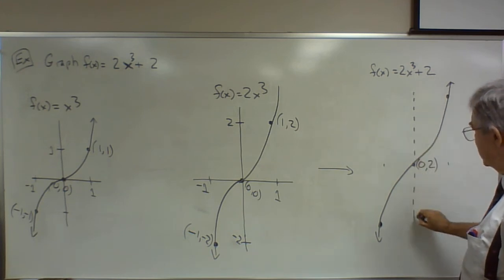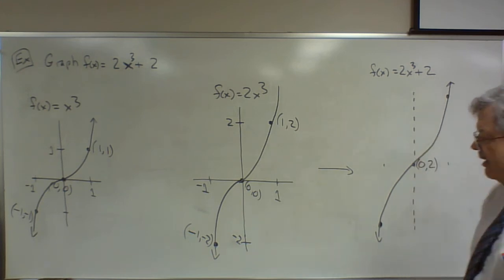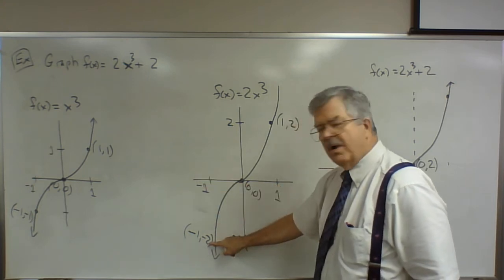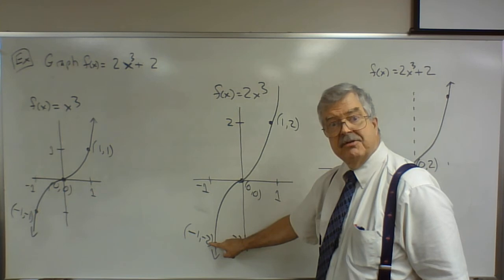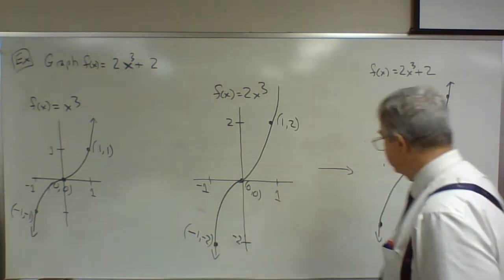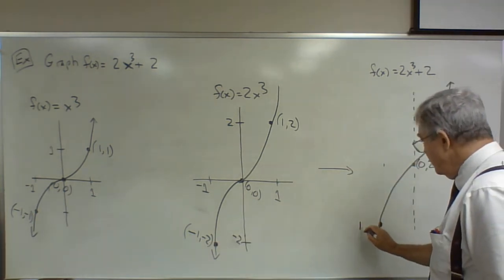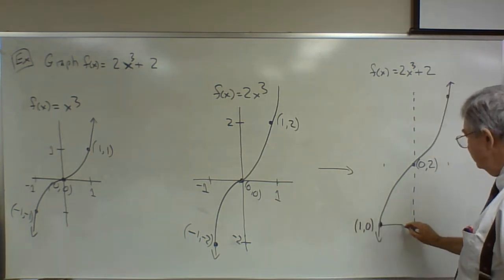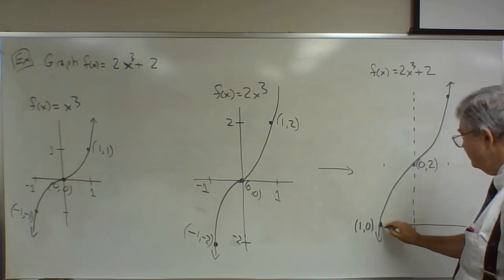So I know where my y-axis is. This point, I'm going to move up 2 units. The y-coordinate here is -2. That's going to become 0. 1, 0. Oh, you know what that means? Y is 0. This is the x-axis.